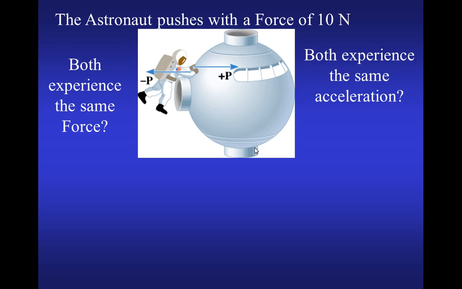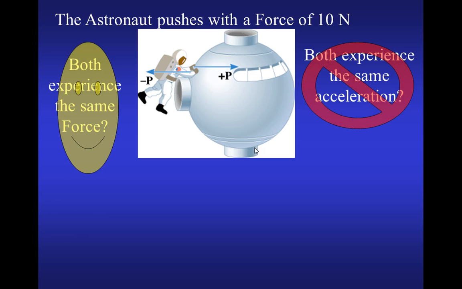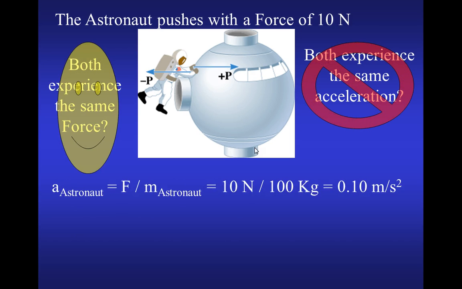Do they both experience the same acceleration? Aha! No, that wouldn't be the same. That's the distinction to be made, that they're experiencing different accelerations. So for that same 10 newton force acting on our 100 kilogram astronaut, that's going to result in an acceleration of 0.1 meters per second squared for the duration of the pushing event.